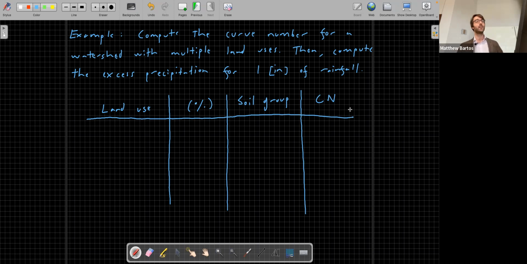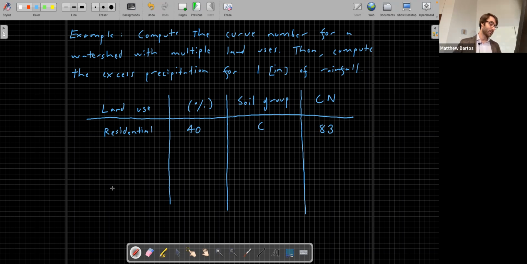Normally you would determine the curve number based on the soil group and land use by looking it up in a table, but in the interest of time, I will just give you the curve numbers for each of these. So we have residential. This is about 40% of our catchment, soil group C, and our curve number for that land use is 83.